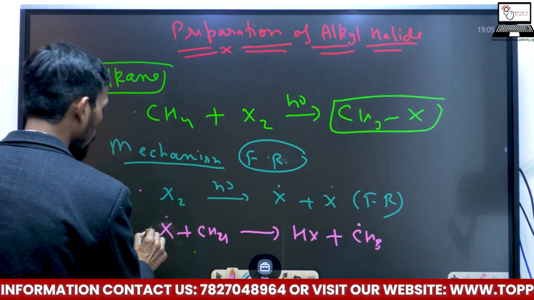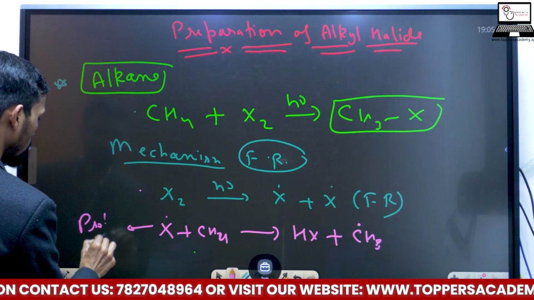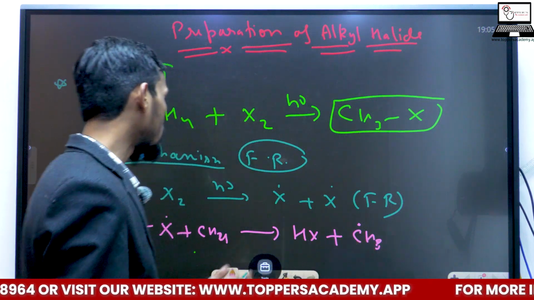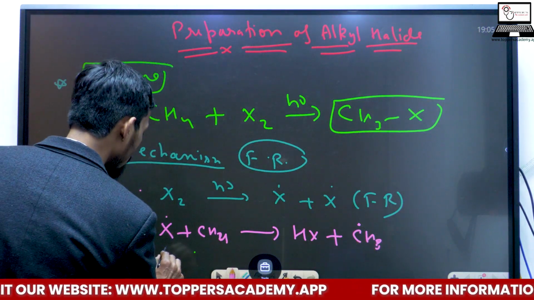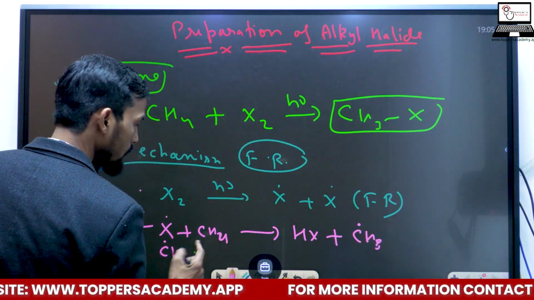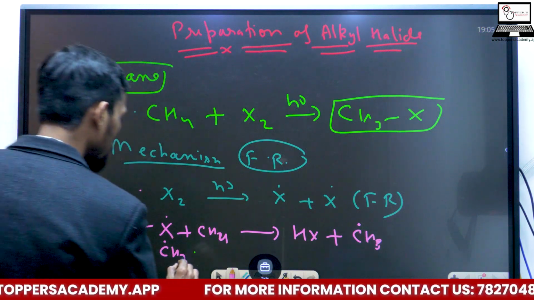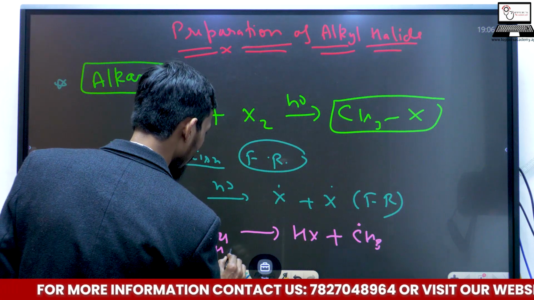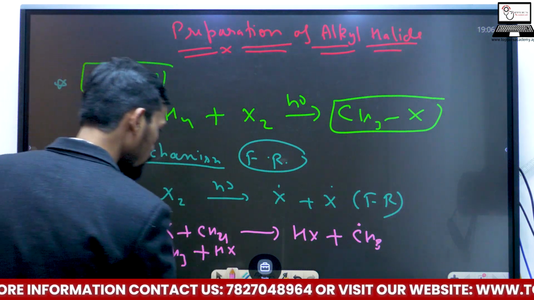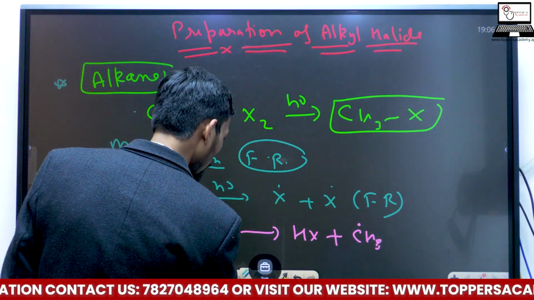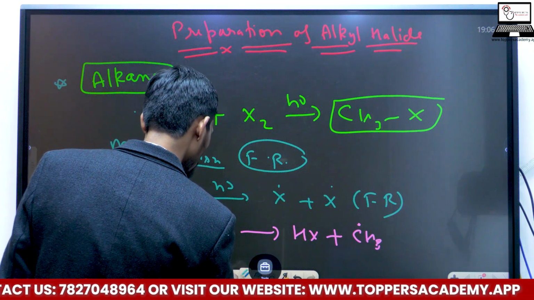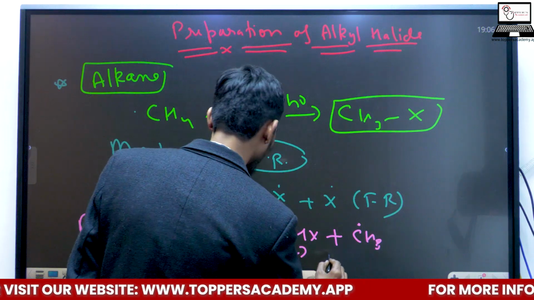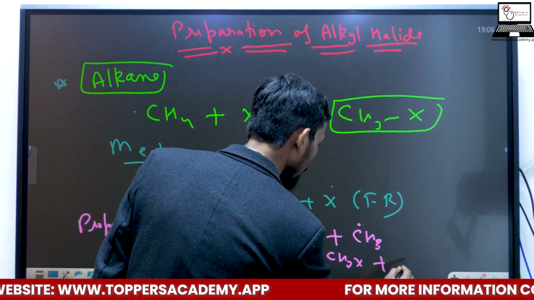So this is a propagation reaction, which means when one free radical gives rise to another free radical, that is a propagation reaction. And this CH3 free radical, when reacted with another molecule of X2, we will get CH3X plus X radical.